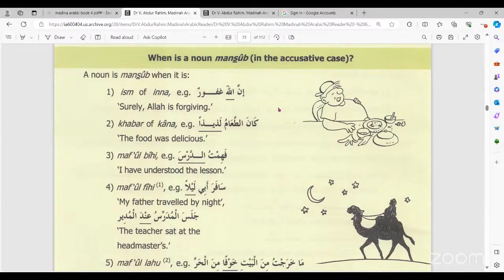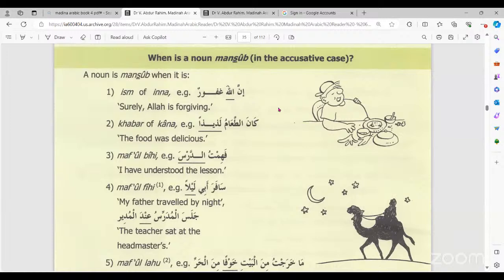Ghafurun gets dhamma, marfu. And like a verb, as you know, when you have a verb, the doer of the verb is marfu and the object of the verb is mansub. Exactly. So because of this, it's called a particle which resembles the verb.